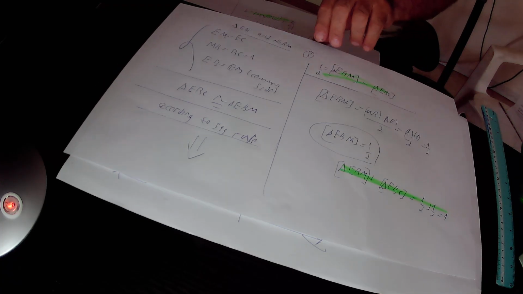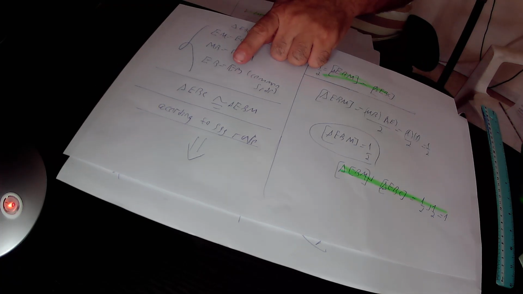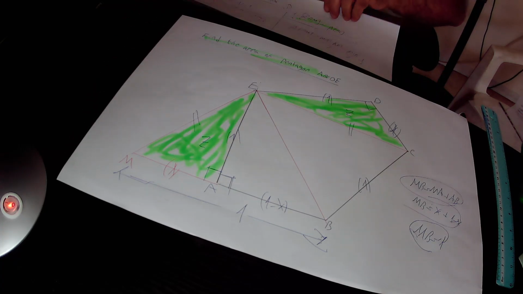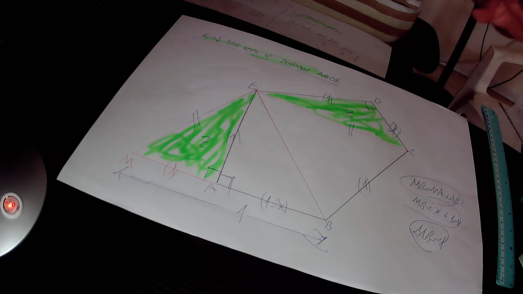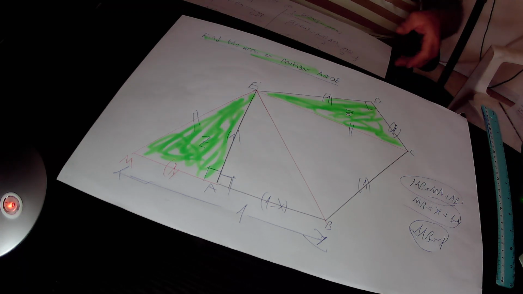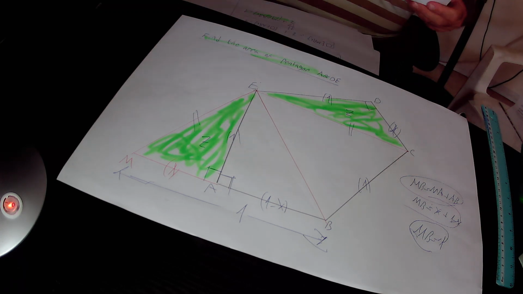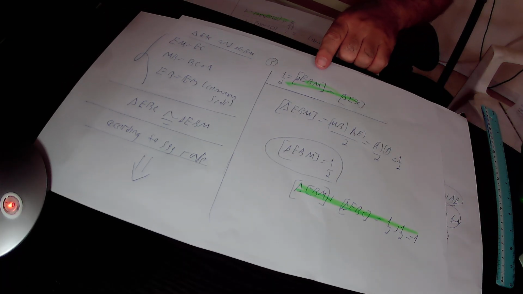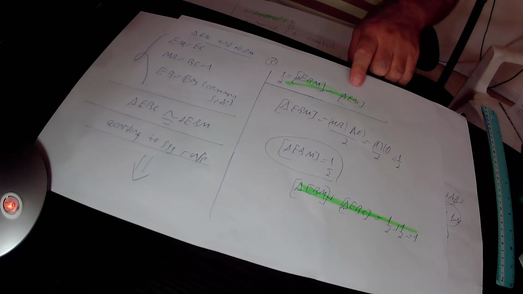And again, the triangle EBC can go into triangle EBM according to the side rule. And from the fact that those two triangles can go into each other, we derive that they also have the same areas. That is to say, the area of triangle EBM is equal to the area of triangle EBC.